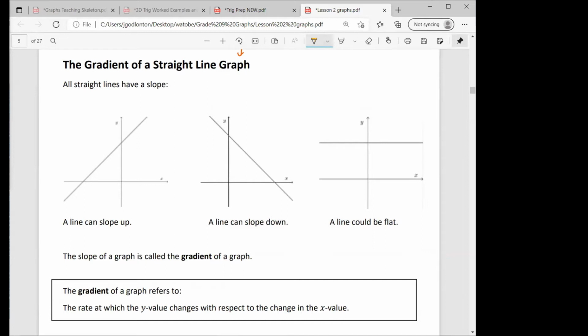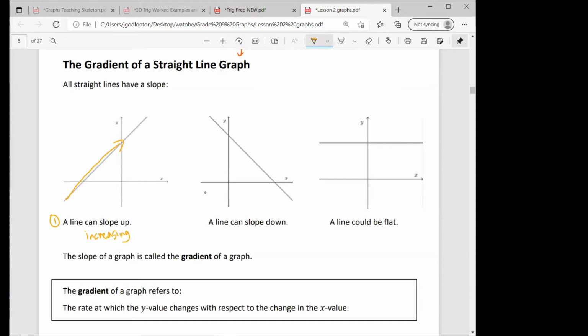So one way we could have the situation is if our graph is increasing or if it is going up. And that is what we're looking at in this first option here. So our slope is going up. As we're reading from left to right, our slope is going up, which means it is increasing.